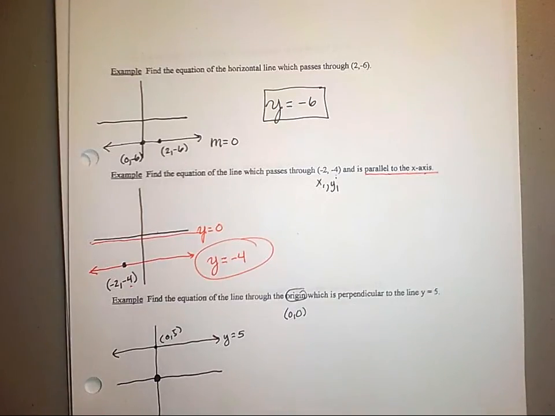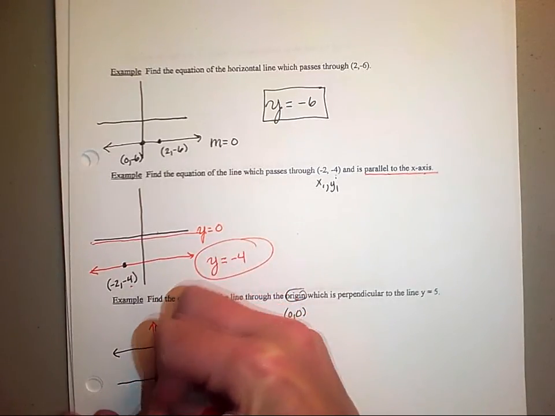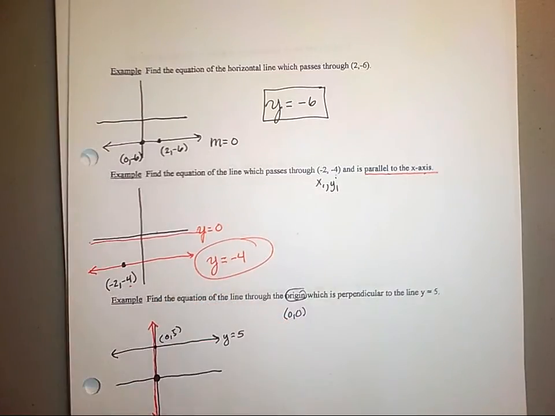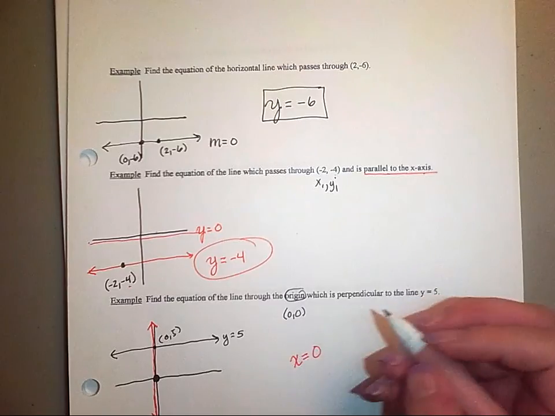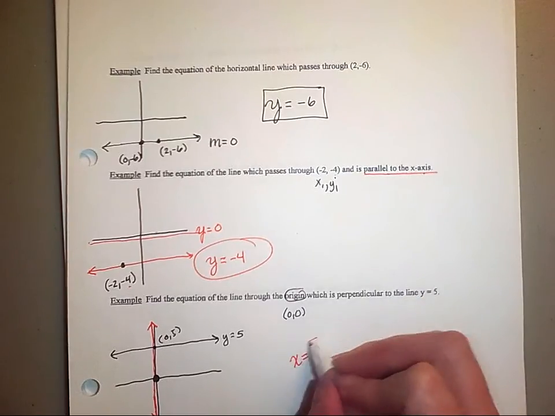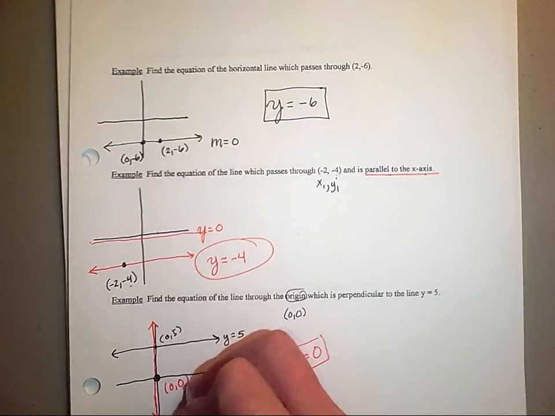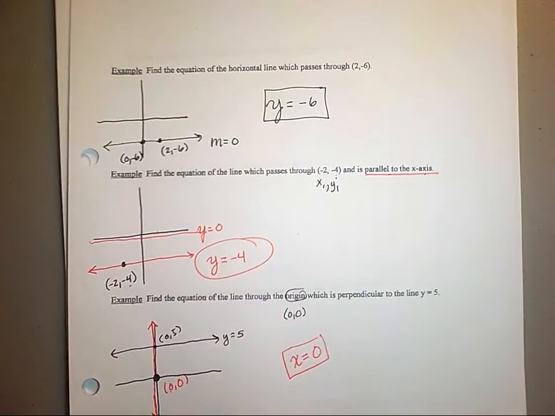So the line that we are looking for in this case is this line. And in fact, that line is the y-axis. So this is the line x is equal to 0, because this is the point 0, comma 0. The x's are what has not changed.